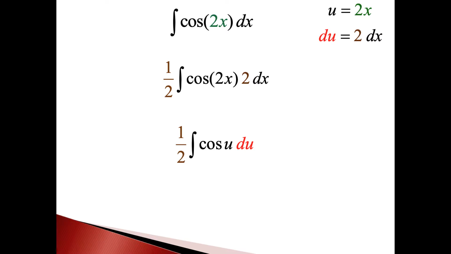Cosine of u should be sine of u plus c when I integrate that. And then I turn those u's back into x's, so I stick the 2x back inside the sine of u, and that becomes now 1/2 sine 2x plus c. So exactly the same answer we had before, and it's almost exactly the same process we had before.